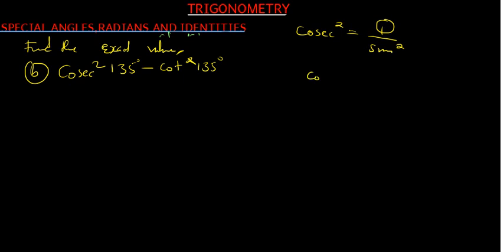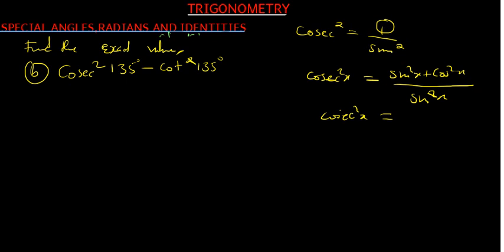So that gives us cosec squared x is going to be equal to (sin squared x plus cos squared x) over sin squared x. We know that 1 is equal to sin squared x plus cos squared x, so that we've just substituted. That means our cosec squared x is going to be equal to sin squared over sin squared, which will be a 1, and then cos squared x over sin squared x, which will give us cot squared x. So this is the identity.